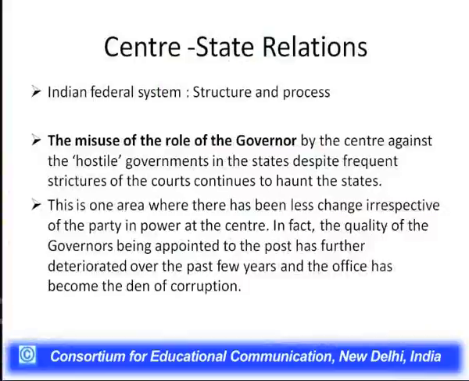Now the center-state relation, as I referred to earlier, has become more cordial, more democratic, more federal. Now we find regular panchayat elections taking place in most of the states, and in many states seats are reserved for women, beginning with Bengal, say 20% reservation.